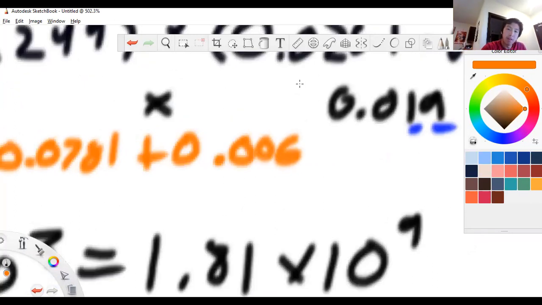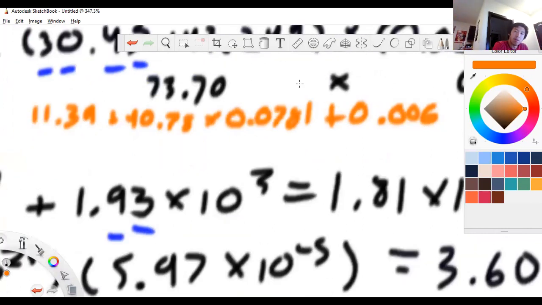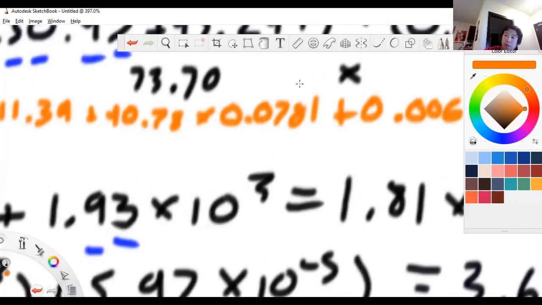Zero, 6. And watch out for the order of operations. Both of these have 4 significant figures, 40.78 times 0.0781. We get here, we'll put this in like yellow. Actually, that's even harder to see.